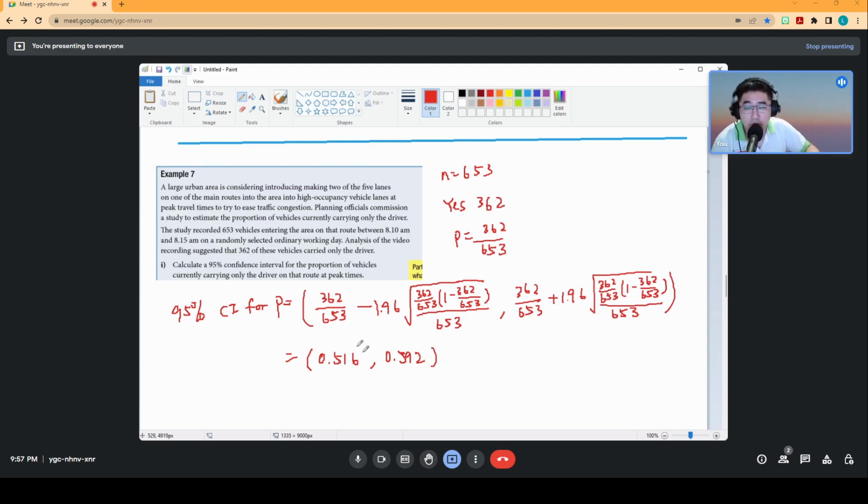So this interval is saying that we are 95% confident that the true proportion will fall within 0.516 to 0.592 of the total vehicles that actually carry only the driver.